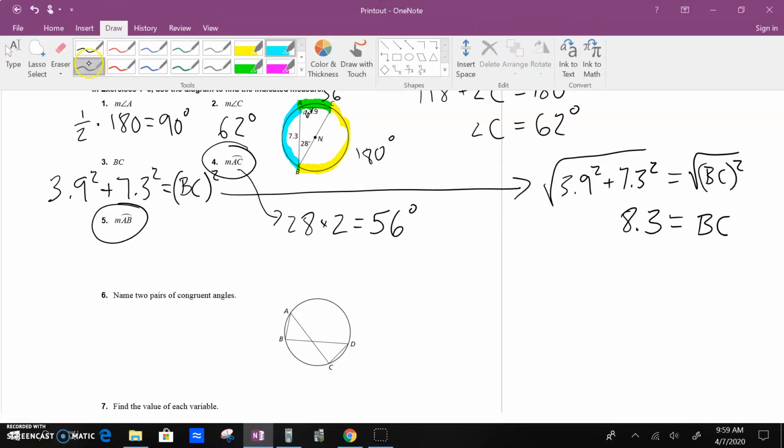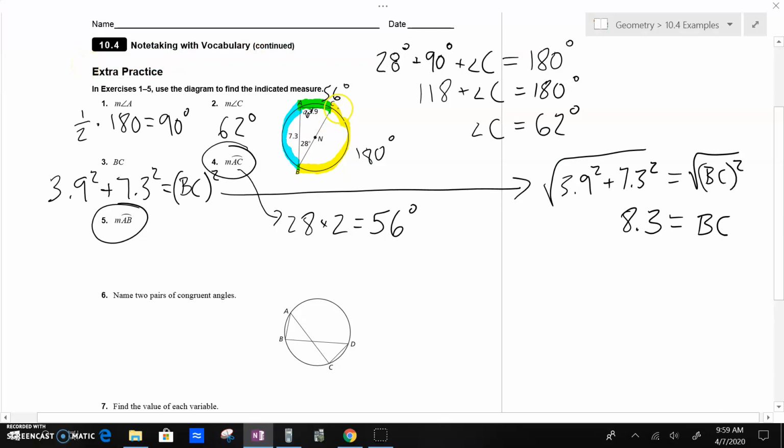The inscribed angle is angle C, and that one goes to A, goes to B. Same relationship: if we know that's a 62, and we found that up in question number 2, the arc's the bigger piece, so we're going to double that. So 2 times 62 would be 124 degrees. So that arc would be 124.